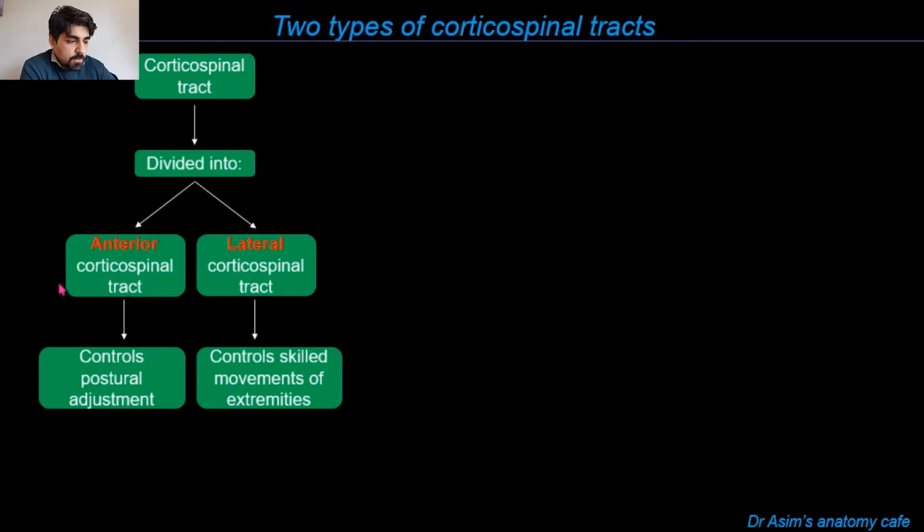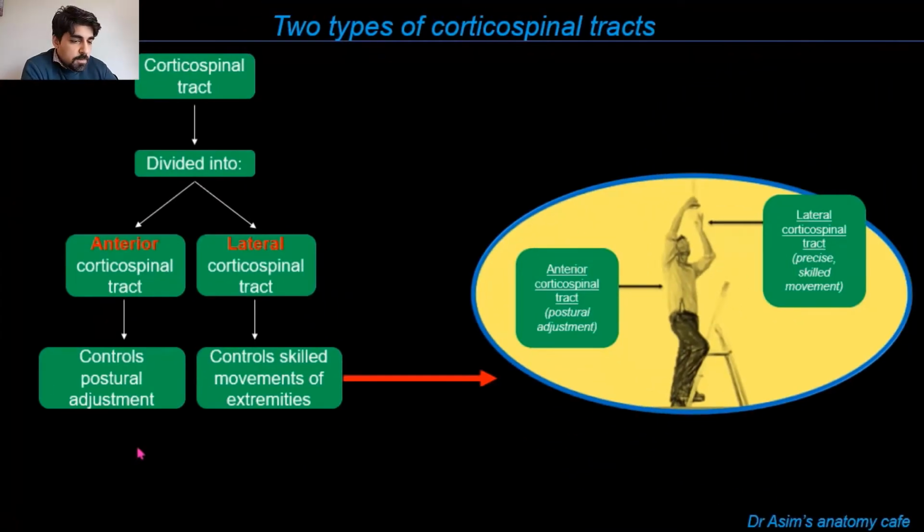The anterior corticospinal tract is much closer to the midline and is concerned more with controlling the axial musculature of our body, and hence is concerned with activities such as controlling the postural movements of our body and making postural adjustments accordingly, while the lateral corticospinal tract is more concerned with controlling the finer skilled movements of the periphery, such as the coordinated movements of the hands and the fingers.